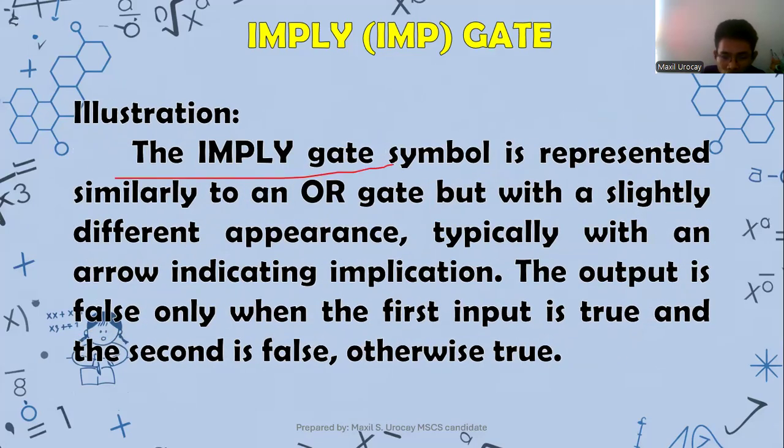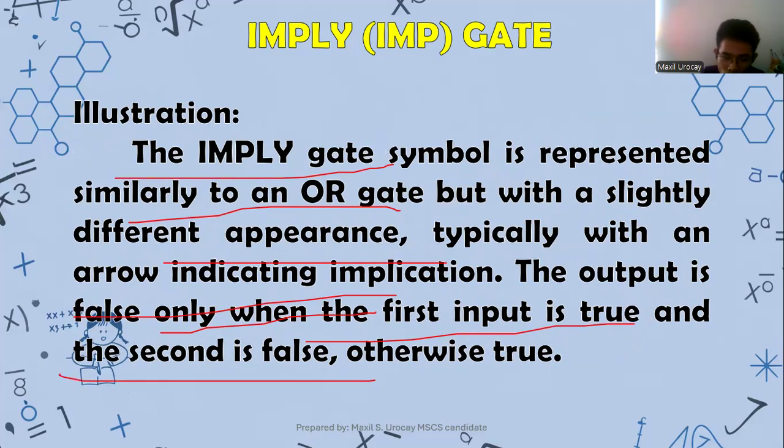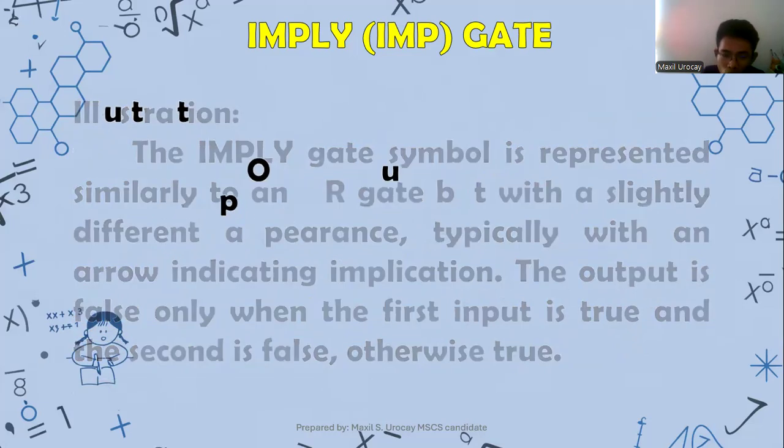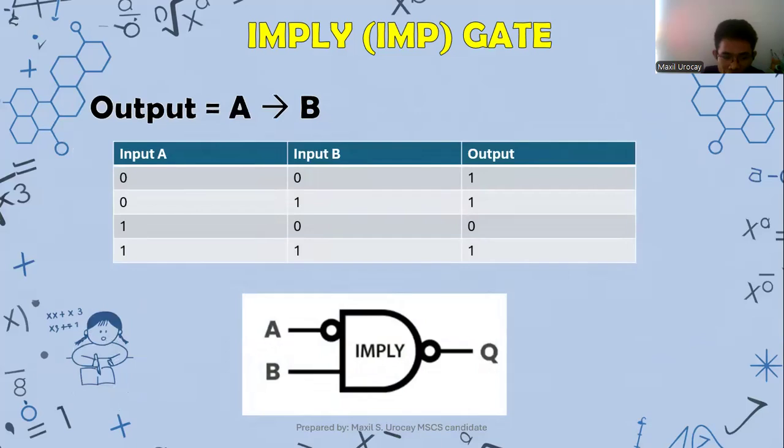So for the illustration of this one, the imply gate symbol is represented similarly to the OR gate, but with a slightly different appearance, typically with an arrow indicating implication. The output is false only when the first input is true and the second is false, otherwise true. So as I have stated, it will become false if the first statement is true and the second statement is false.